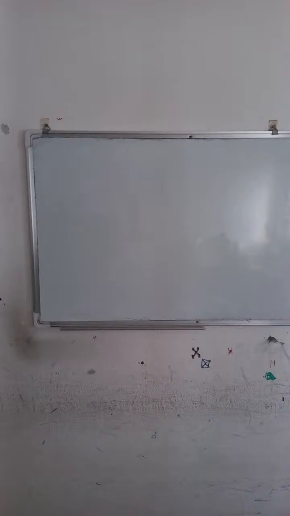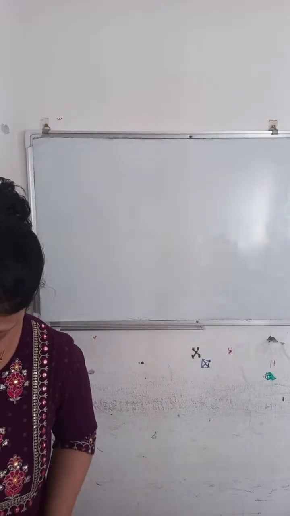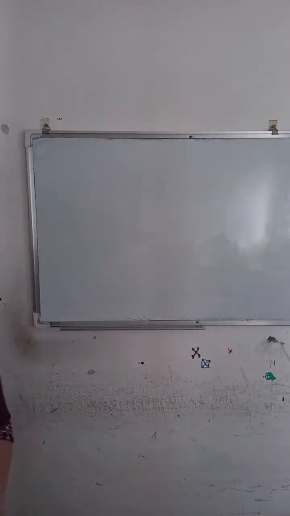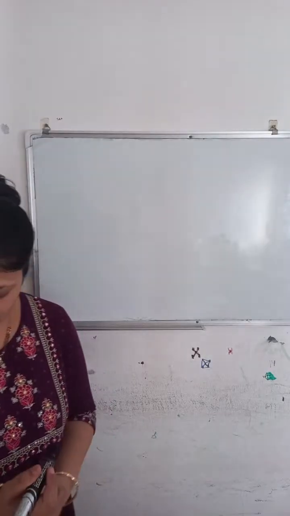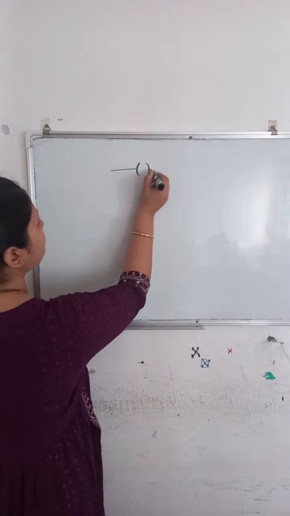Then K1 is opened and K2 is closed. So I will repeat this question. In the circuit shown in the figure, initially key K1 is closed and key K2 is open, then K1 is opened and K2 is closed. Then draw the circuit diagram.